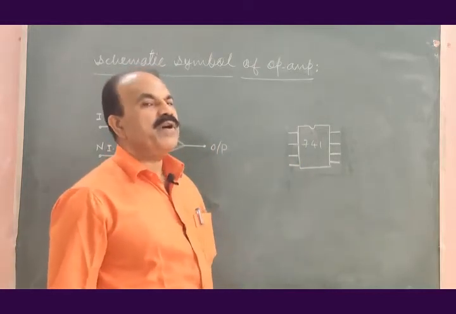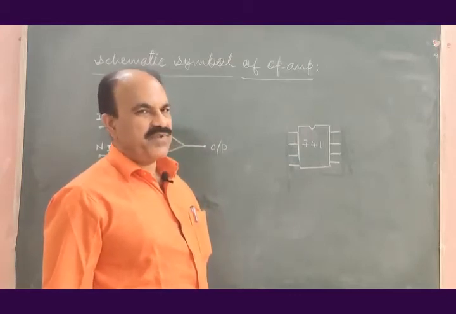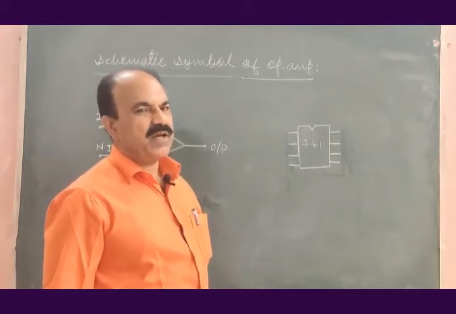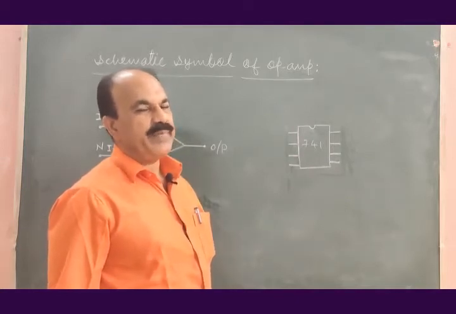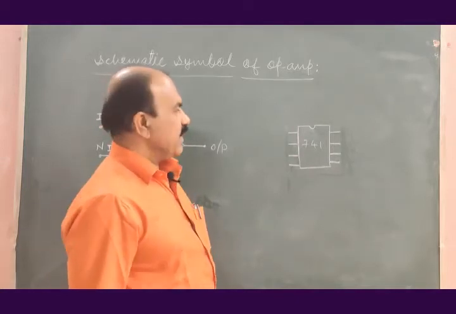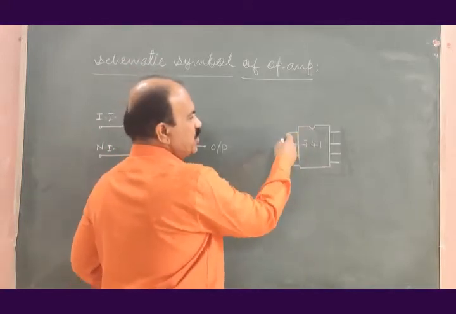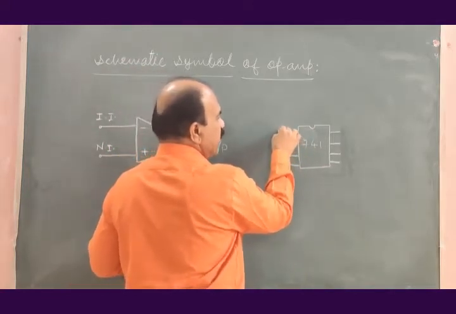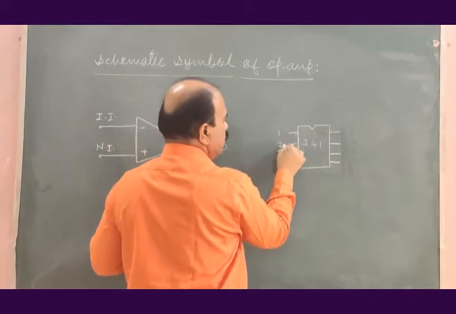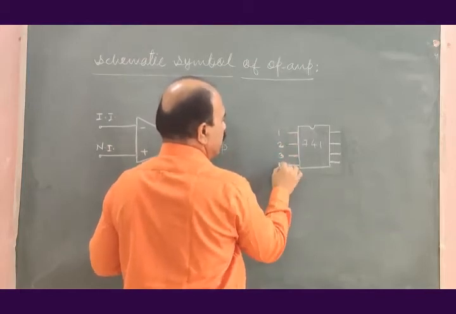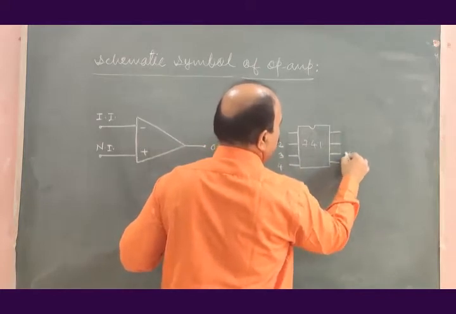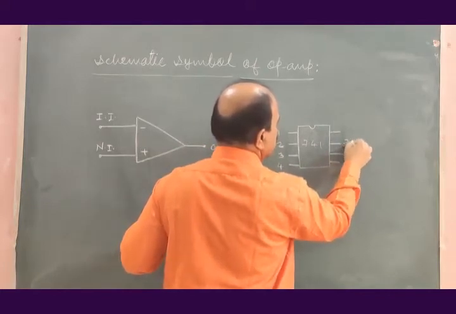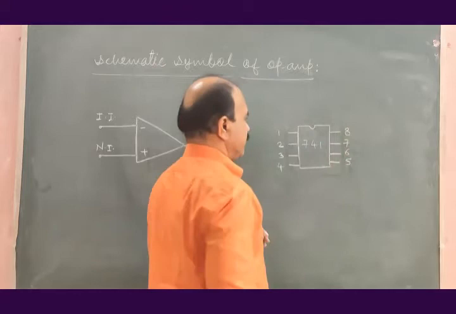This is the pin configuration of IC 741, which is operational amplifier having how many pins? 8 pins. From this notch, you can count the pin numbers: 1, 2, 3, 4, 5, 6, 7, 8.